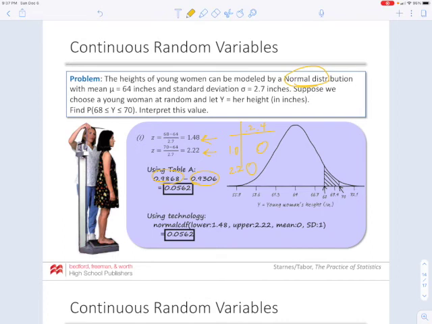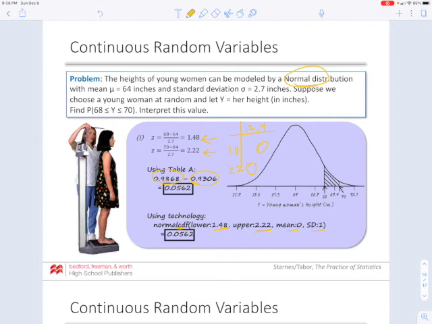We can do that. We can also use your calculator, right? In your calculator, you're doing menu, I believe it's distributions, and you're looking at the normal CDF because it's accumulation of area. So the lower would be the 1.48, the upper is the 2.2, and the mean and standard deviation are 0 and 1.